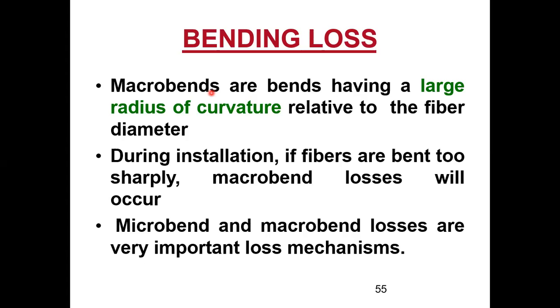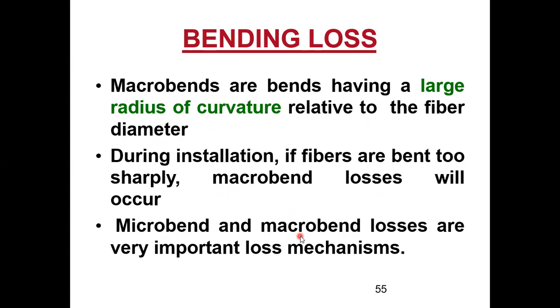Okay, so continuing with macro bend and micro bend. All the points are covered in different ways in different slides. As a short note you can write: macro bends have a large radius of curvature relative to the fiber diameter. During installation, if the fibers are bent too sharply, macro bend losses will occur. So macro bend and micro bend are two very important loss mechanisms.